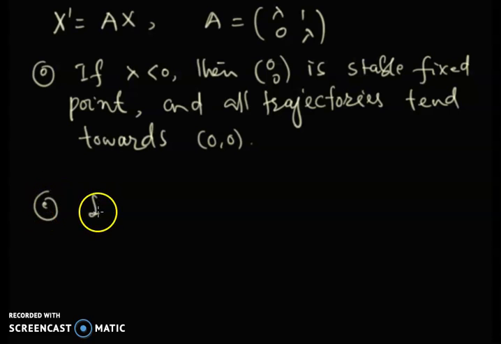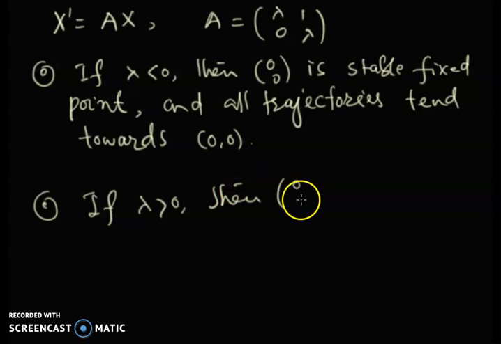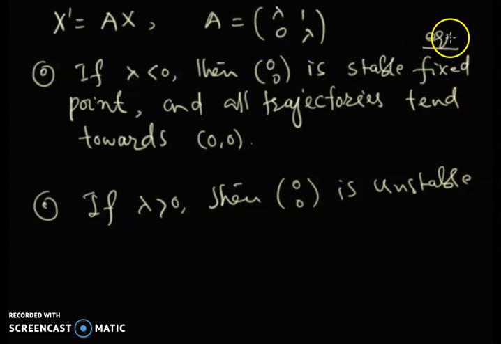And if lambda is greater than 0, then (0, 0) is indeed an unstable fixed point or equilibrium point.